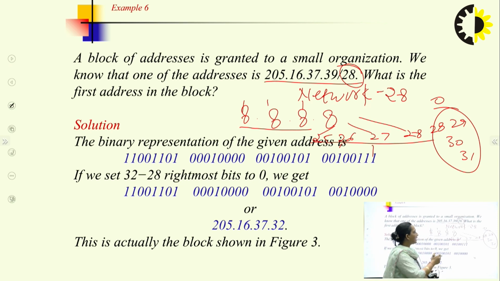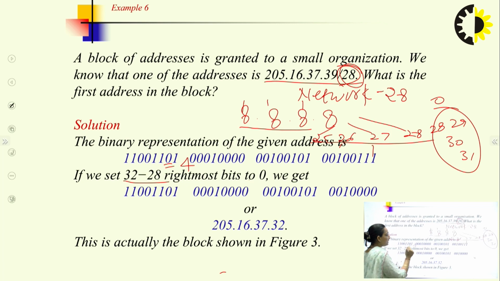So we have a 28-bit network. Those 28 bits have to be all ones, that is the network ID, and after that all zeros, that is 32 minus 28, which is 4 bits: the 29th, 30th, 31st and 32nd. All those bits are to be zeros.